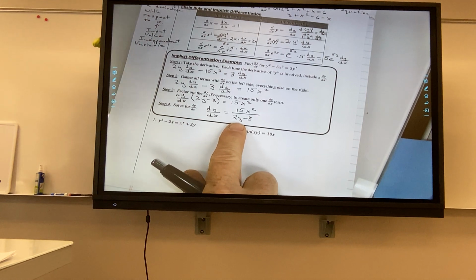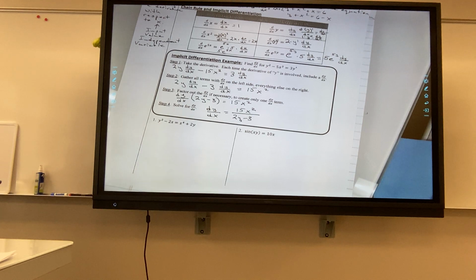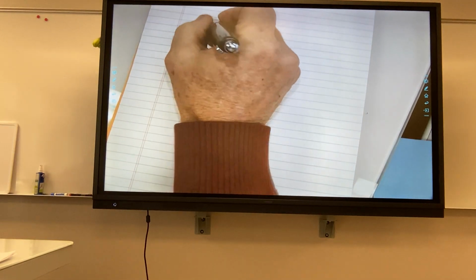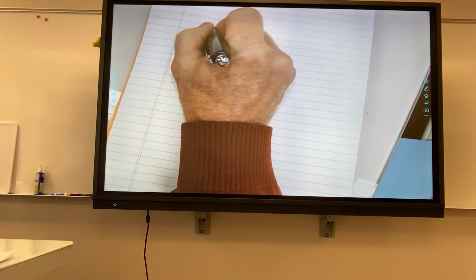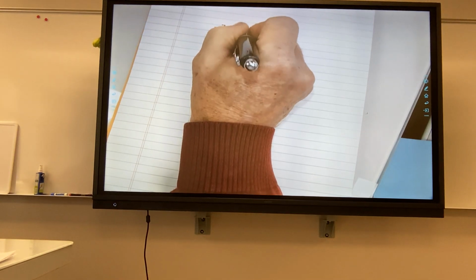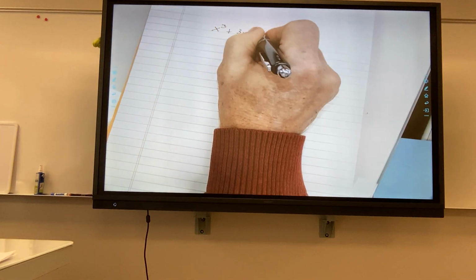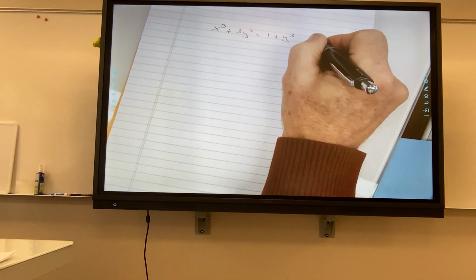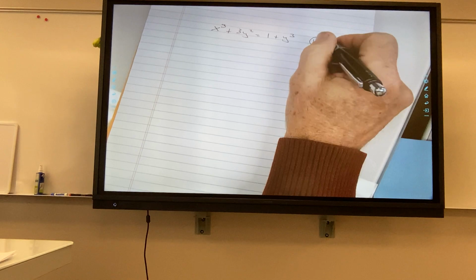Okay, so let me back up and go to this. Remember I showed you this graph? And I said there was a point 1 comma 3, correct?